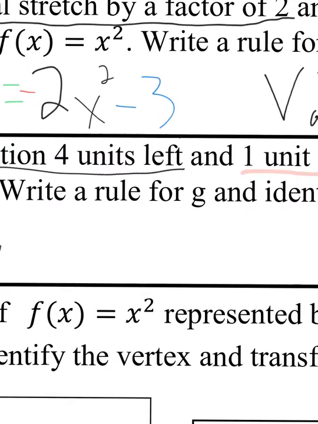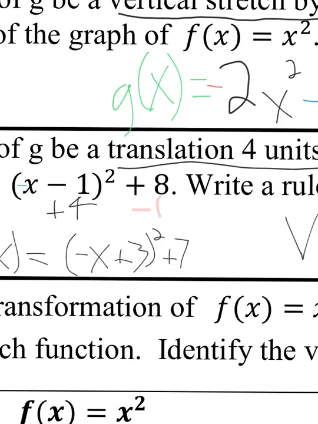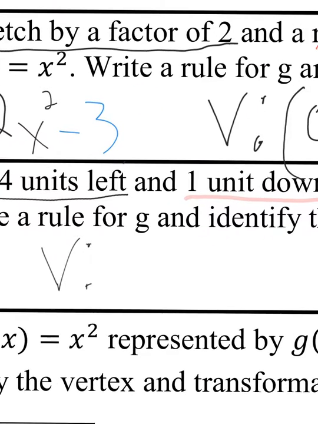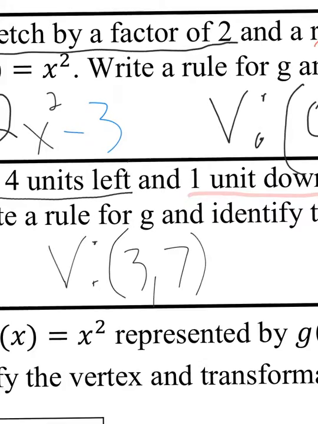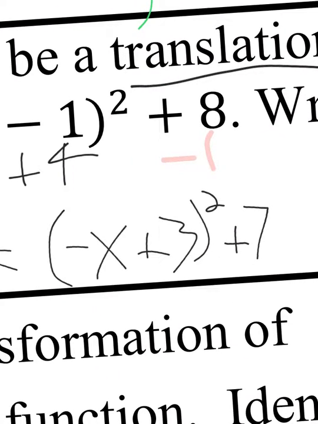So on the previous ones as well, you look at the number on the inside and you flip the sign. So I'd write negative 3, and then the outside number is positive 7. But this one is actually positive 3 and positive 7. And if you're wondering why, it's because we reflected it across the y-axis, so it flipped sideways.